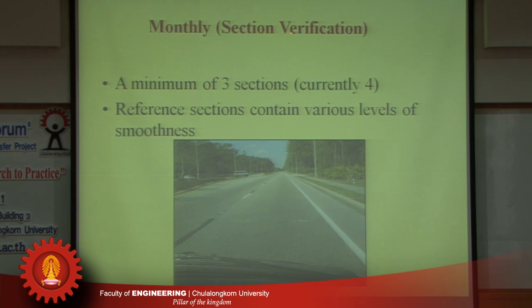Every month we would use the vehicle and drive over at least 3 pavement sections with a known longitudinal profile. And so currently they actually do 4 calibrations per month.